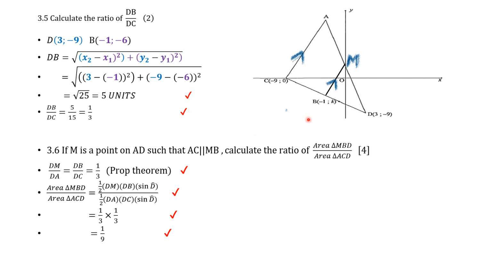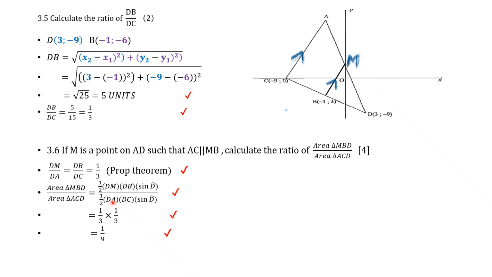And then I have TA long side times TC sine D. So the smaller triangle is TM times TB sine D, then the bigger triangle is TA times TC sine D. Two sides and the angle in between the two sides, right? Half and half cancel. Sine D and sine D would cancel.